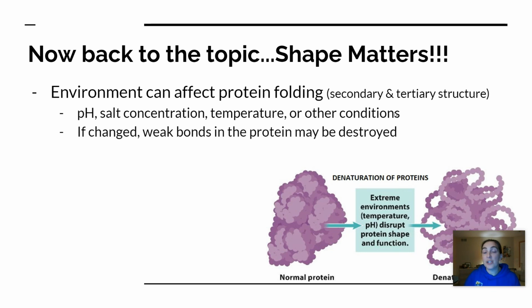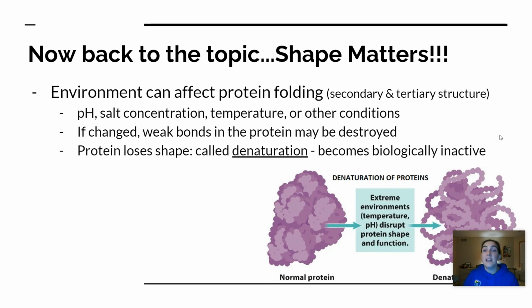If the environment is changed, some of those weak bonds that hold the protein together might be destroyed. And we'll talk specifically about how pH and temperature can cause that to happen in just a second. The protein then loses its shape, and that process is called denaturation, or we say the protein has become denatured, which causes it to be biologically inactive.